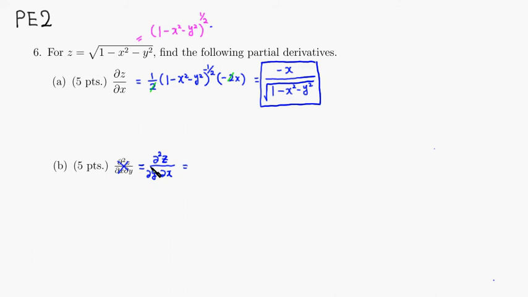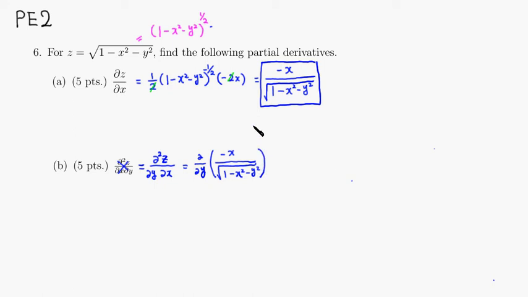So what we want to do is take the partial derivative with respect to y of the result that we have here, negative x over the square root of 1 minus x squared minus y squared.